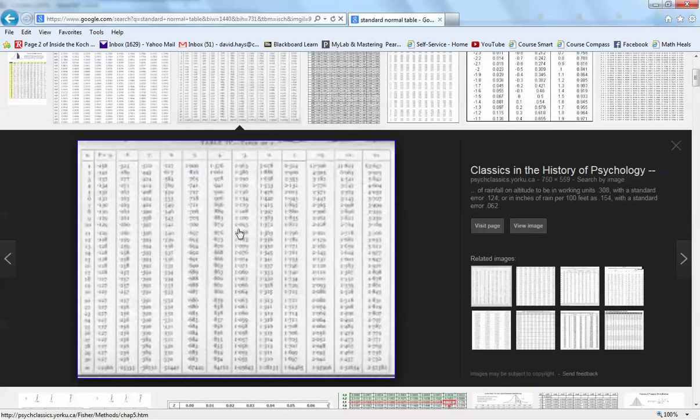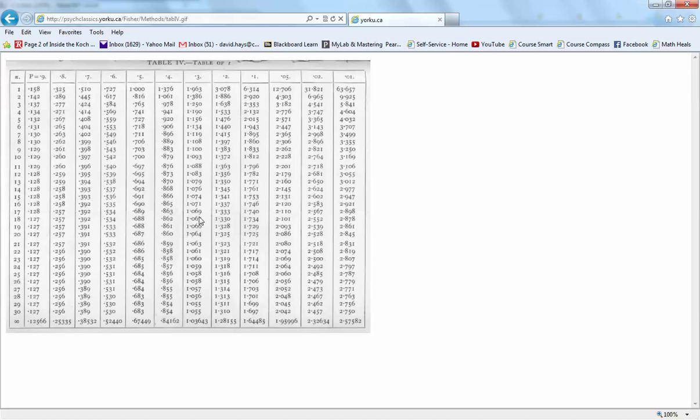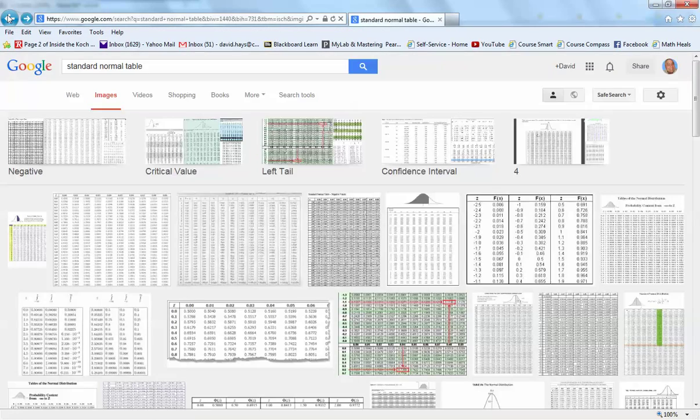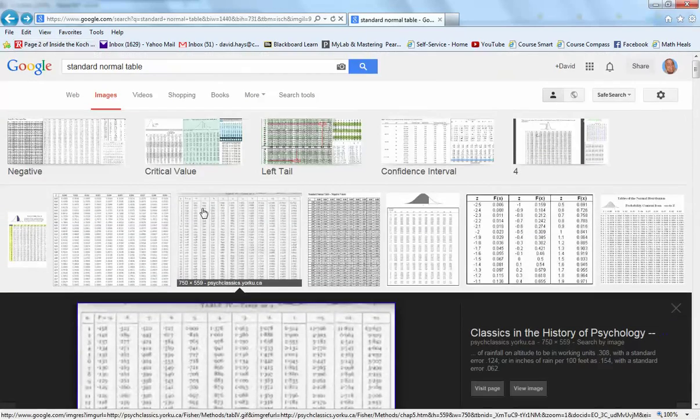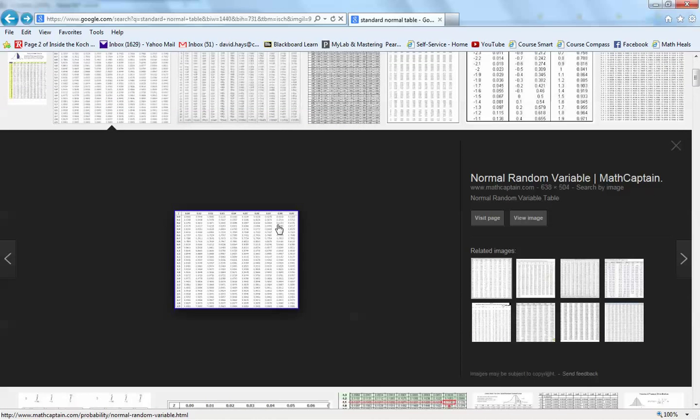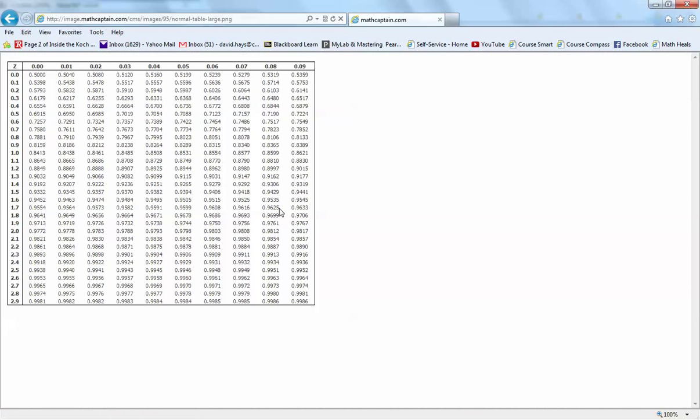Let's look at this one. I have no clue what that is. Fisher's table, that's not what I Googled. Standard normal. Well, math captain, that's got to be good, huh? I'll give up here in a minute. Okay, this one will work.